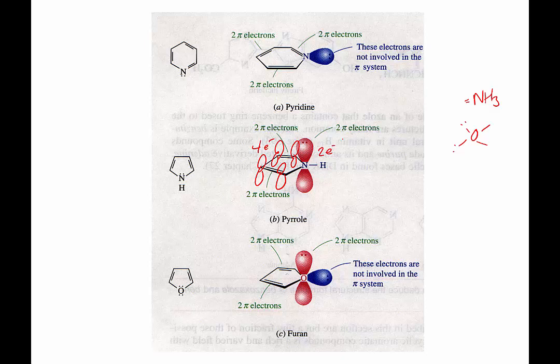And so that's what the molecule does. The nitrogen in pyrrole decides, okay, I'm going to become part of the pi system, but now those electrons are tied up as part of that pi system. So they can't be used to bond an H+. If the pair of electrons was outside of that pi system, they could be used to bond an H+.